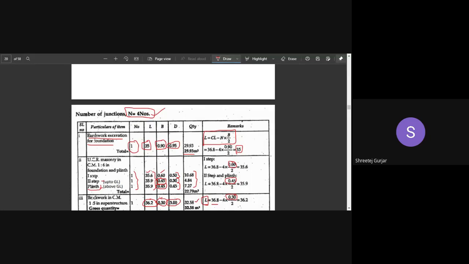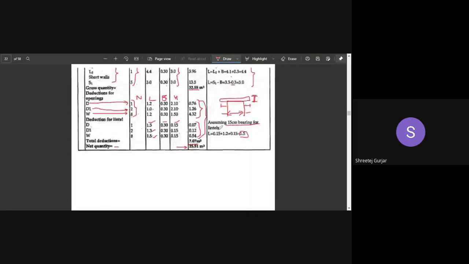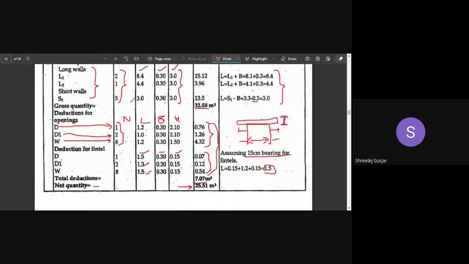You calculate the length, the width will be the same, that is the thickness of your wall, and the depth, that is height, will be 0.15, and then you can calculate your all-around lintel. That will be mentioned in your numerical, and then you can calculate it using that method.